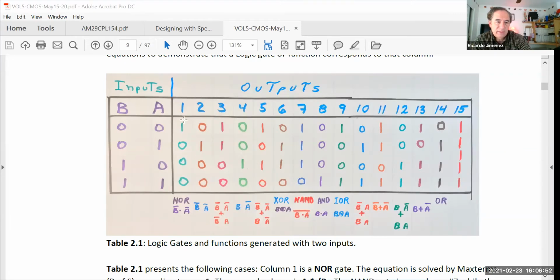But right here in this column, you can see we have, let me get this marker right here, the first combination. So you apply these inputs and you have this output, that's a NOR gate. Notice that the NOR gate detects when two inputs are 0 and gives a logic 1.